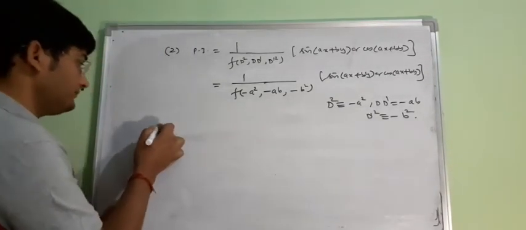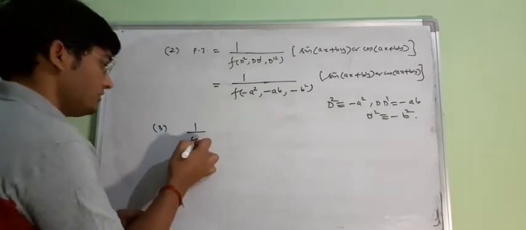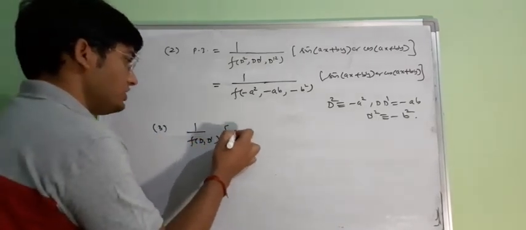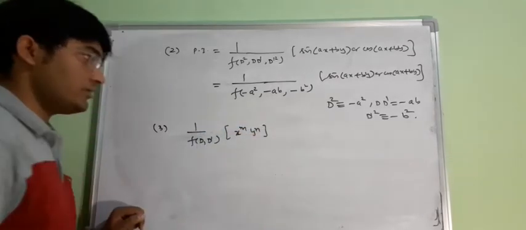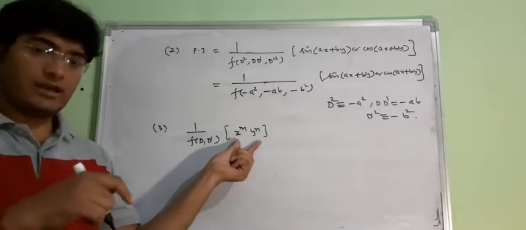Third, suppose that our f(x,y) is e to the power (x to the power m into y to the power n). Suppose that this is the function f(x,y).